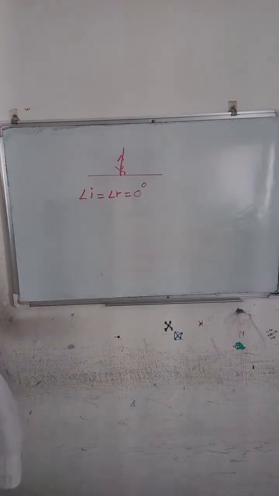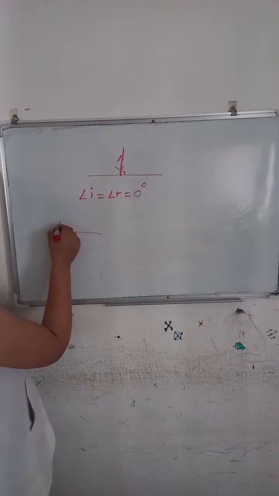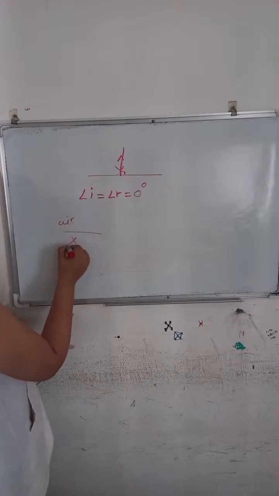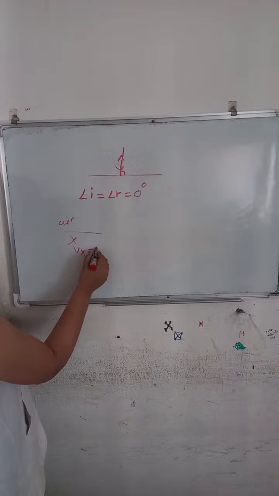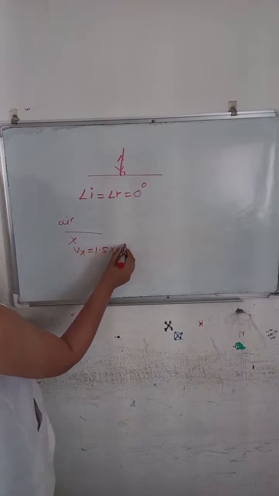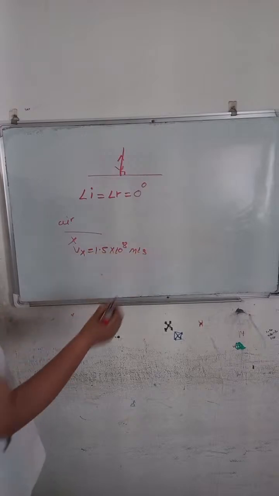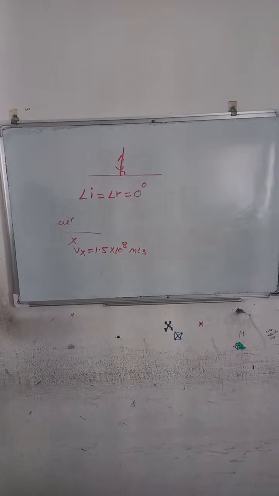And in the second part, the light enters into the medium X. Suppose here we have air and this is medium X, and the speed in medium X is 1.5 into 10 raised to 8 meter per second, and we have to find the refractive index of the medium.